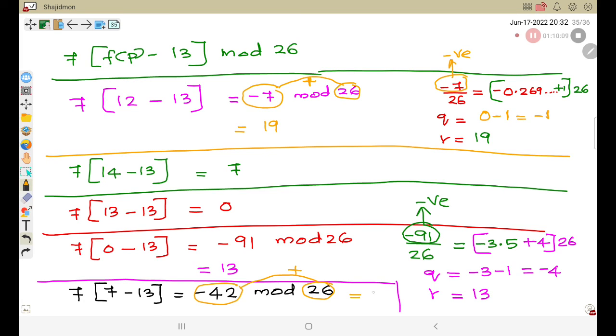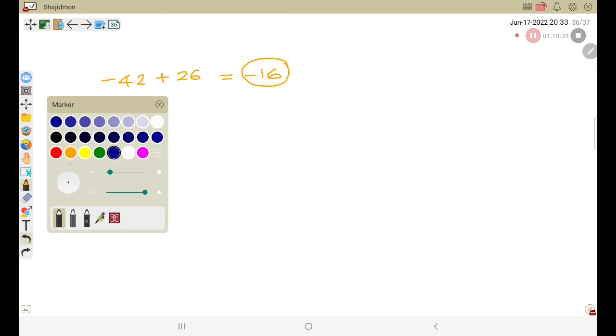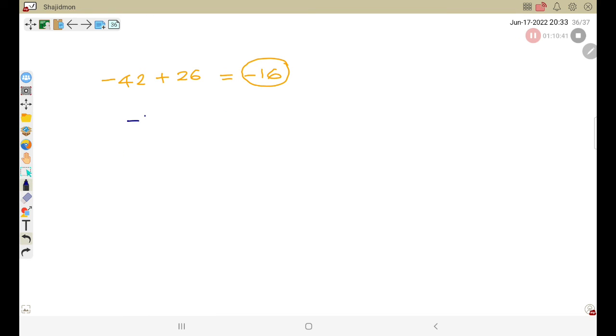You can check. 10, correct? Minus 42 plus 26, you will get minus 16. Minus 16 is again a negative number, correct? So what you do? Minus 16, again add 26. So you will get 10. This is what I wrote there, 10.